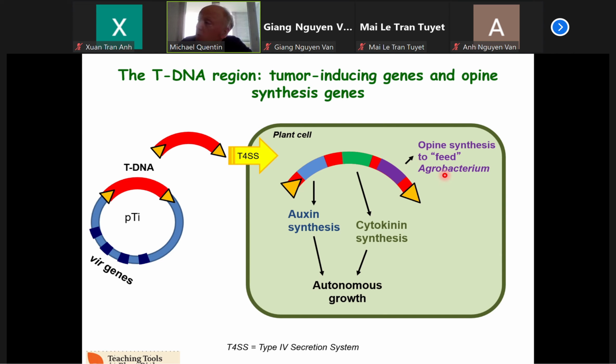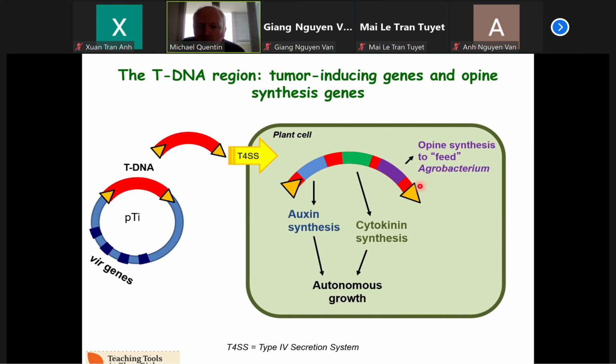It's responsible for a disease on plants that we call crown gall. It makes tumors, and the formation of the tumor is probably directly linked to the production of auxin and cytokinin by the plant cell in which the tDNA was transferred.